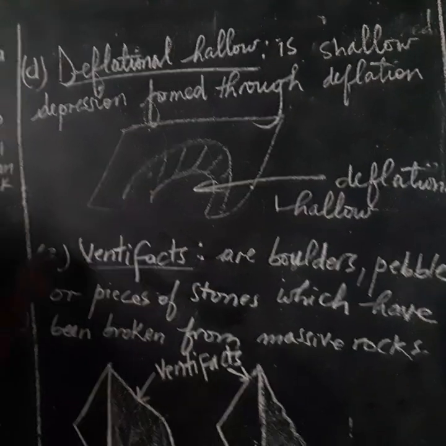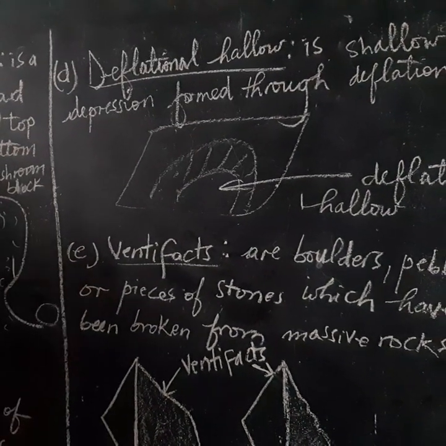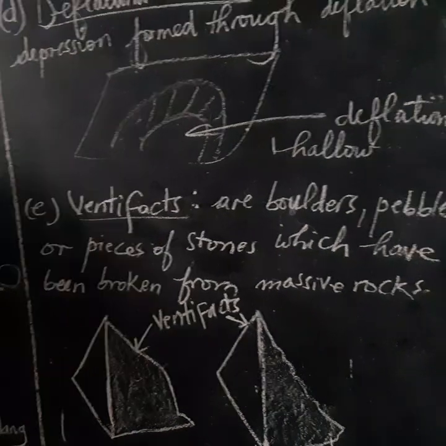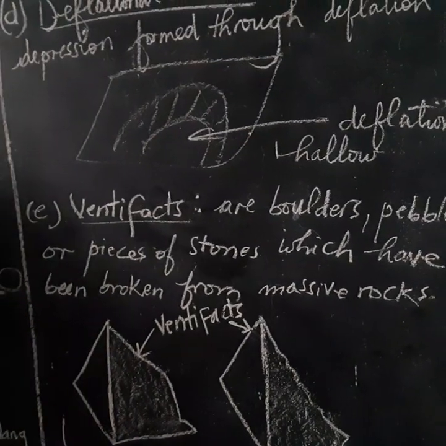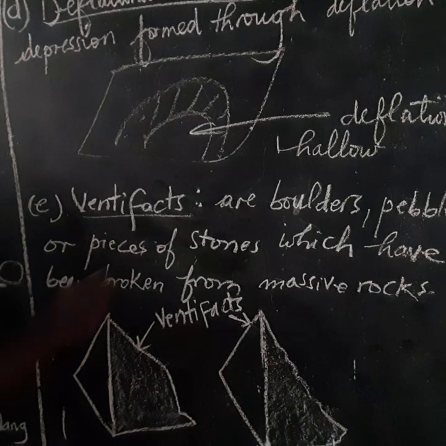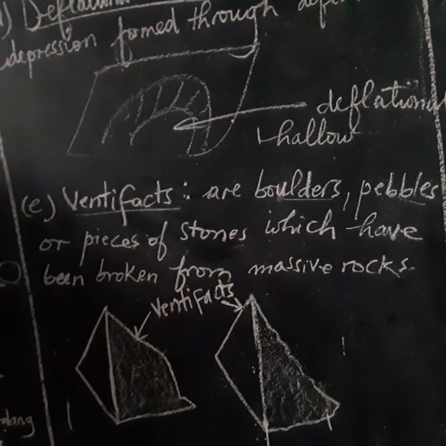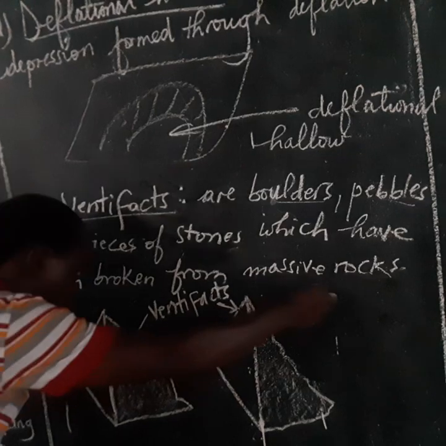Let's go to the last feature formed by wind erosion. It is called ventifacts. Ventifacts are boulders, pebbles, and pieces of stone which have been broken from a massive rock.